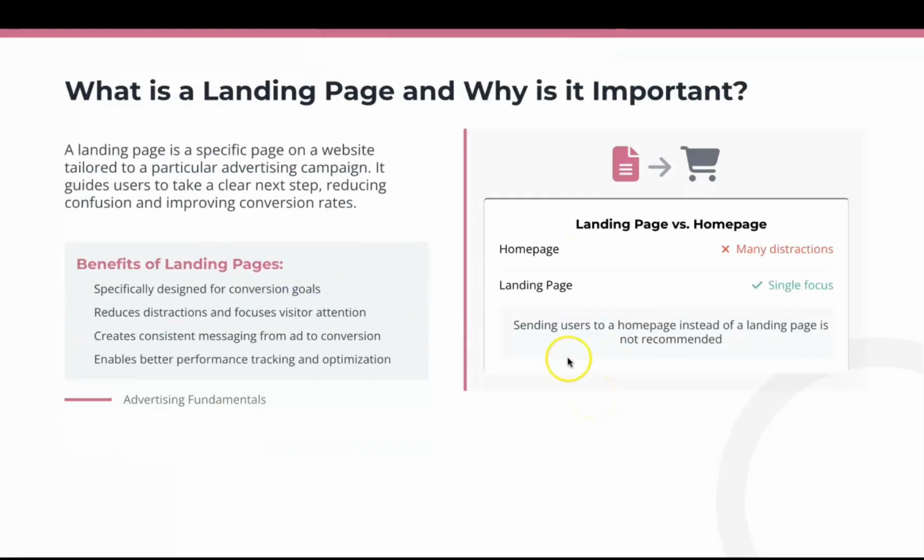So what is a landing page and why is it so important? Well, a landing page is a specific page on the website that is tailored to a particular advertising campaign, and it guides users to take a clear next step, reducing confusion and improving conversion rates.